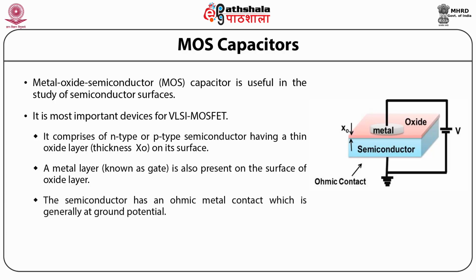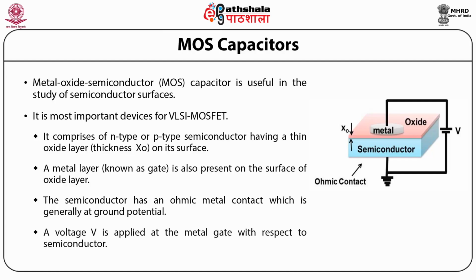The semiconductor has an ohmic metal contact which is generally at ground potential. A voltage V is applied at the metal gate with respect to the semiconductor.